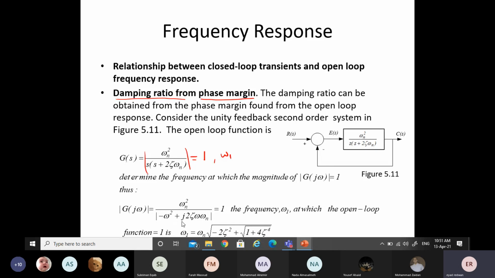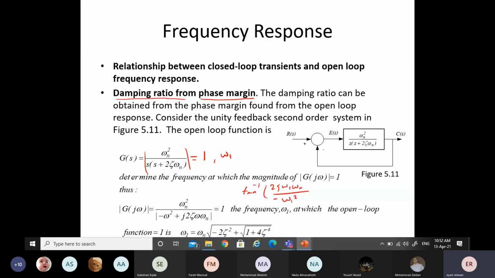At the same time, when the magnitude is equal to 1 and you have found the frequency, we find the angle for this. Now the angle for this, as you learned, comes from the imaginary part: tan inverse of the imaginary part, which is 2 zeta omega n omega 1 over omega n squared minus omega 1 squared.